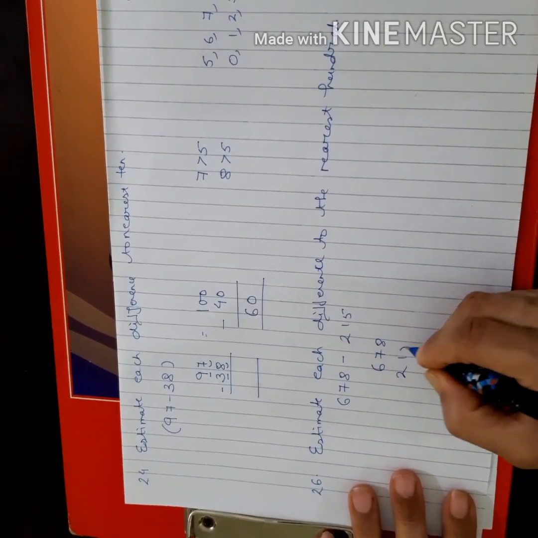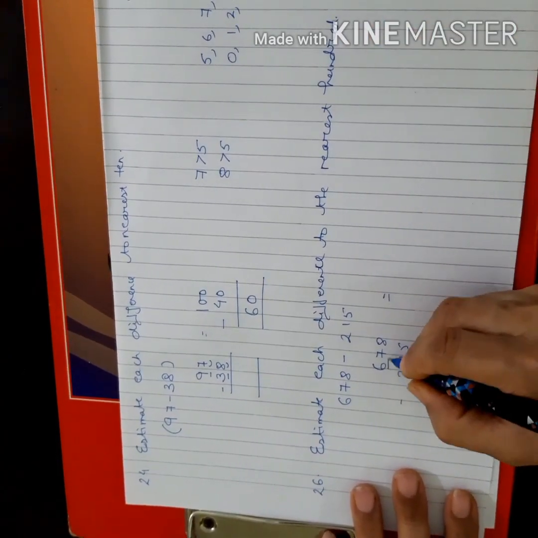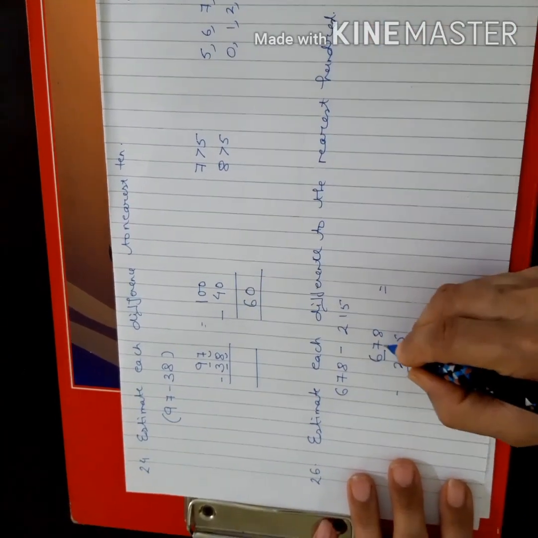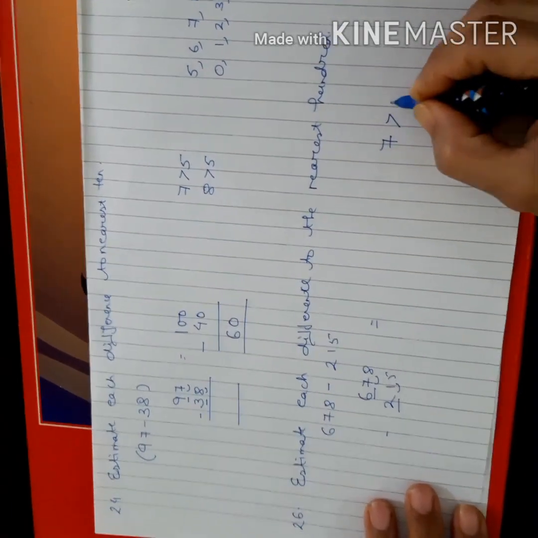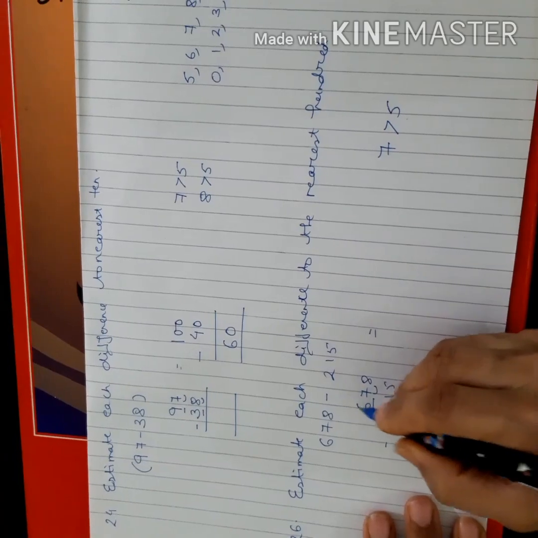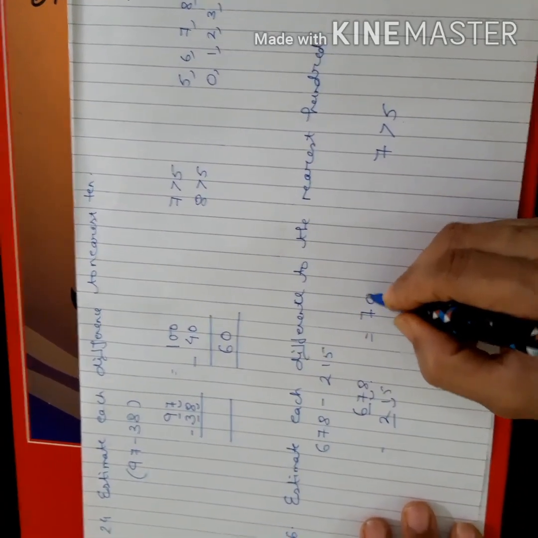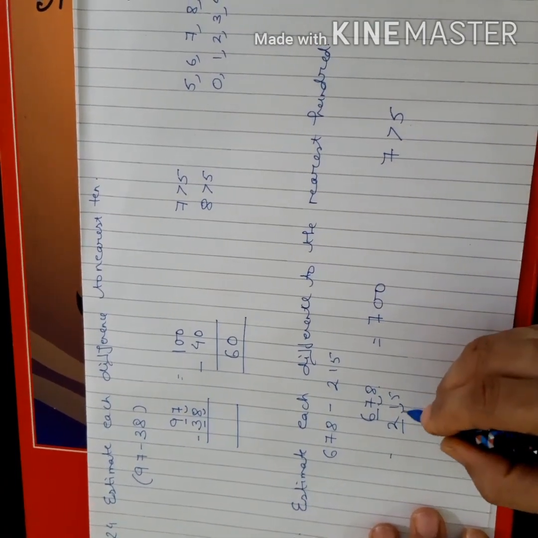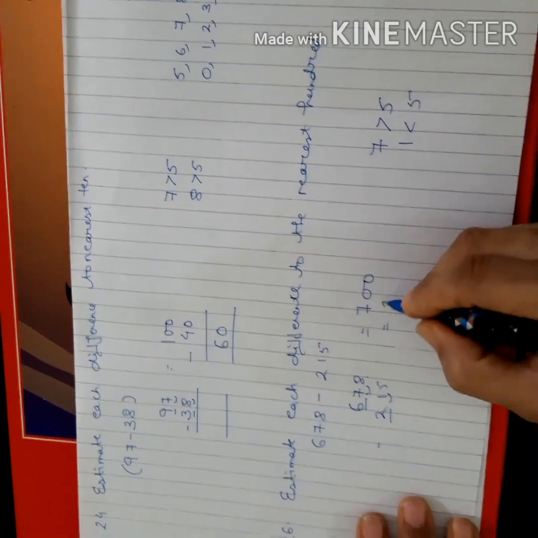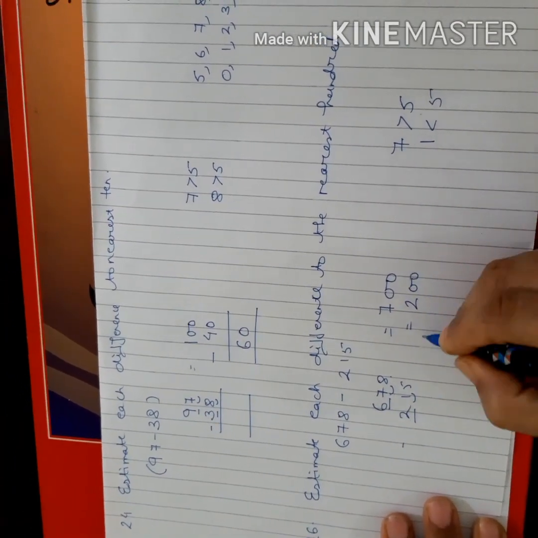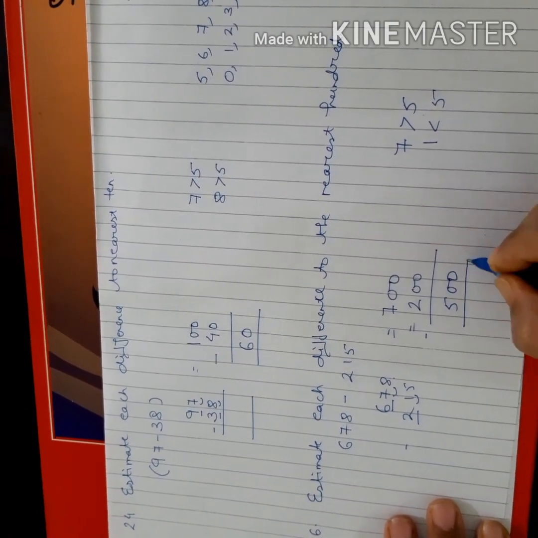Round off to the nearest 100. So we will underline the 100 digit. We will check the tens digit. This 7 is more than 5. So this 6 will increase by 1 and it will become 7. And both the digits will become 0. 1 is less than 5. So this 2 will remain the same and both the digits will become 0. Now subtract it. The difference is 500.